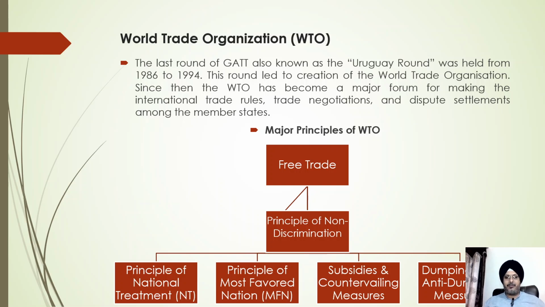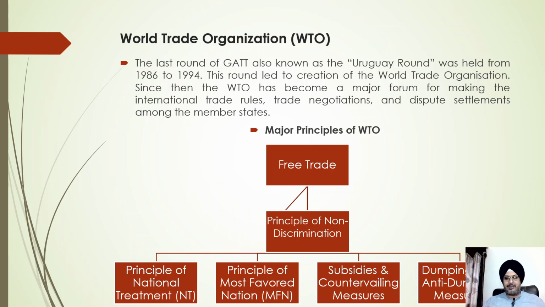Then there are two more very important aspects under the WTO: subsidies and countervailing measures. If a country is giving high subsidies, in order to counter those highly subsidized goods, the state can impose countervailing measures. There are certain rules and regulations which govern them.